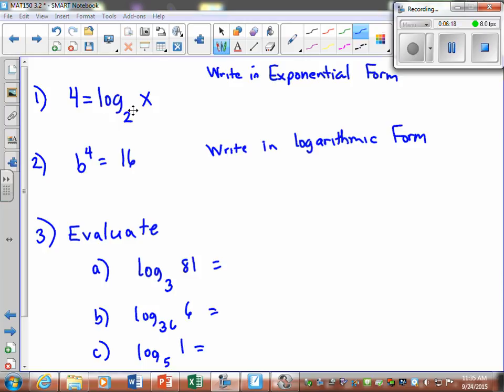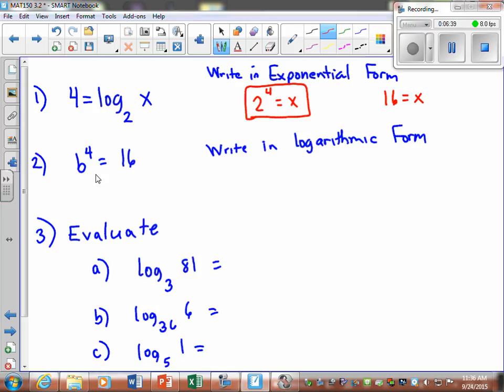Okay, if you were given this one and you want to write it in exponential form, then we would get 2 to the 4 equals x, which in this actual case we can say 16 is equal to x, but this is the form. If they ask us to evaluate, we would keep going until we found out what x is.